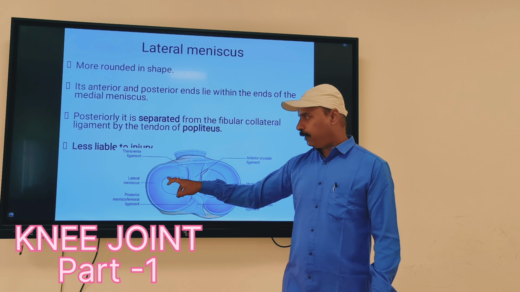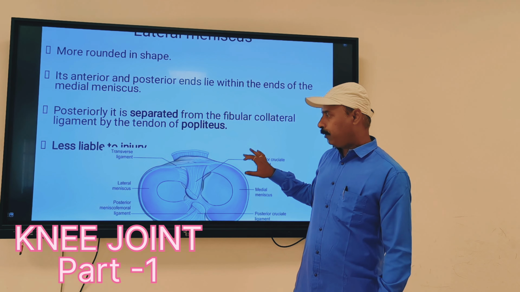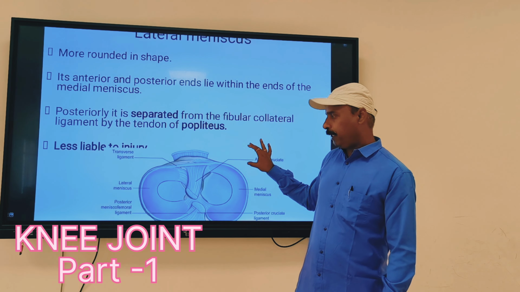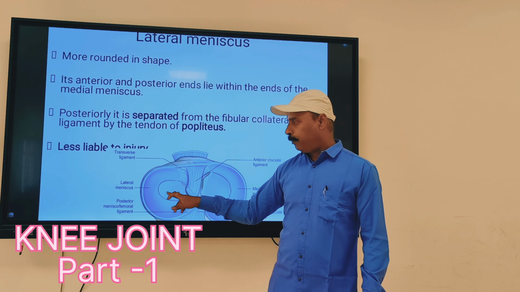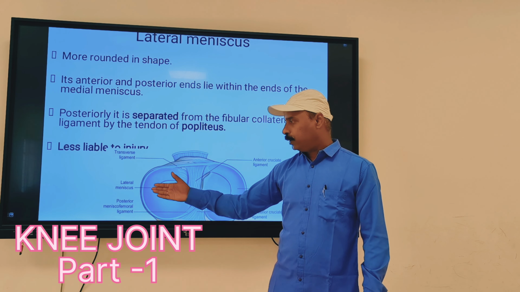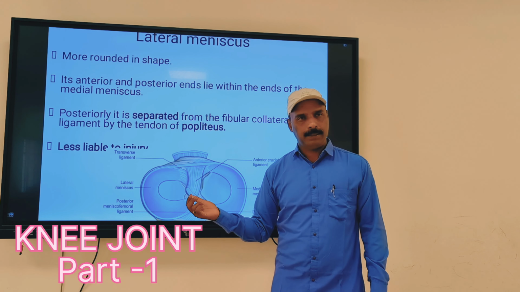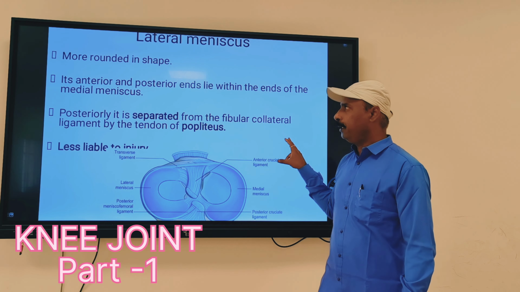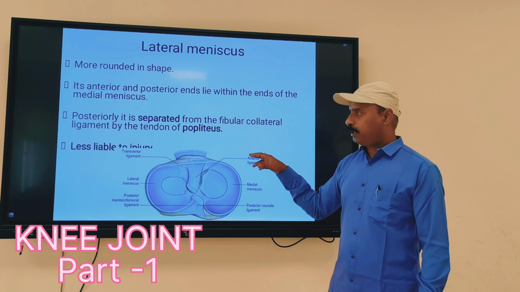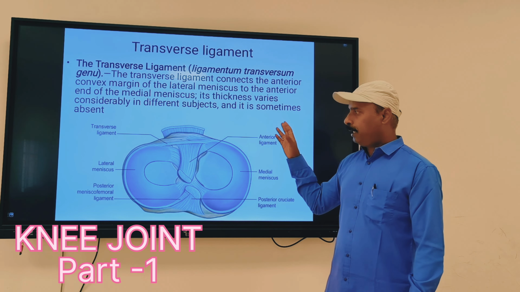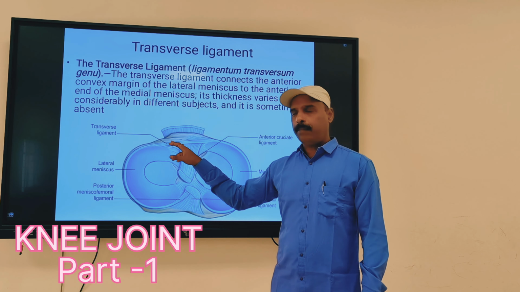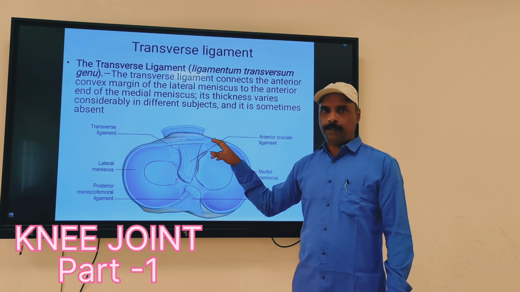So I have told here, you can see highlighted. You can go to the highlighted part where you can remember anterior and posterior ends, medial border, lateral border, superior surface and inferior surface. So this is about the medial and lateral meniscus. Then lastly we get the 11th ligament, the transverse ligament.